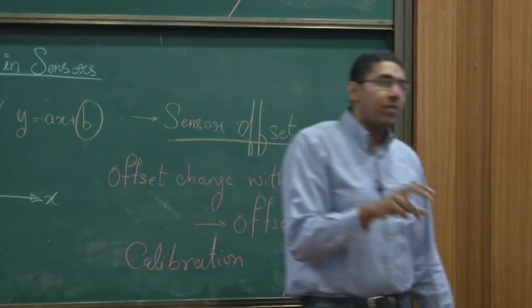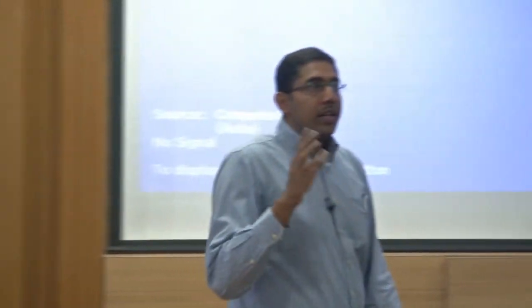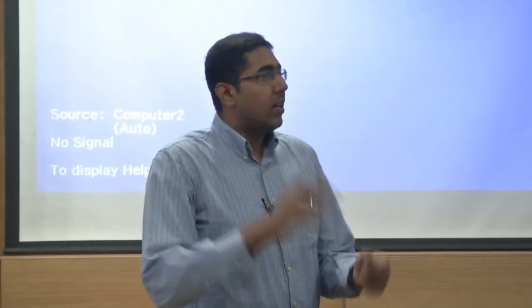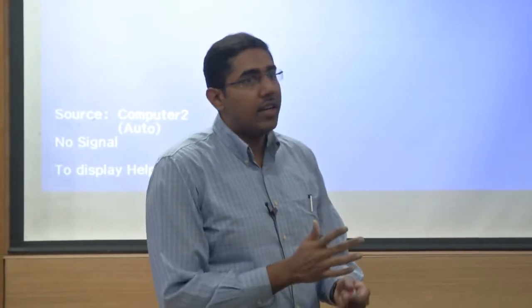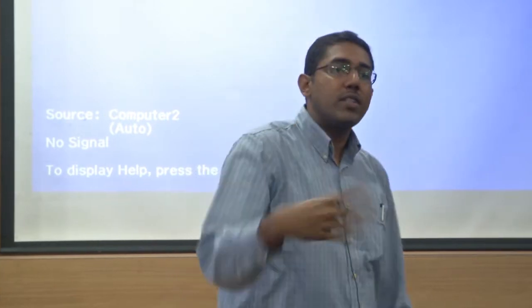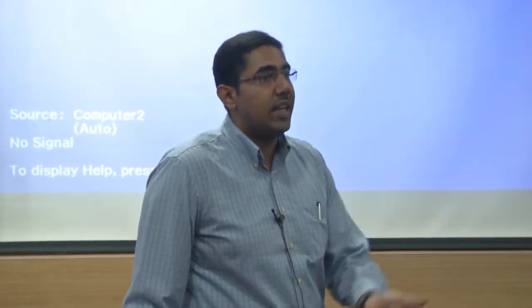Even if you save the value in your system, let's say when you manufacture it, by the time you send it and somebody starts using it, that value has changed.